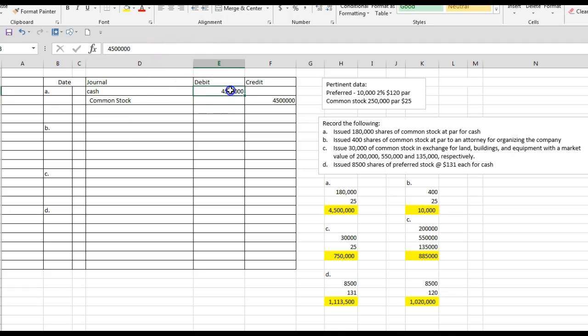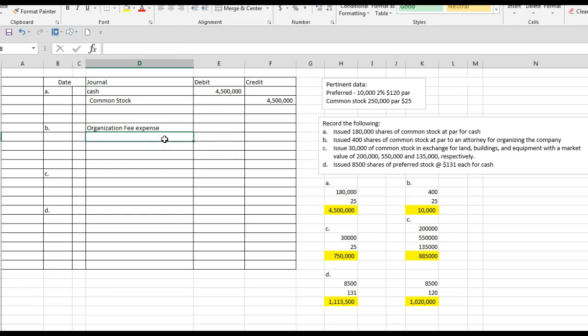You're probably pretty used to that one by now. That's a relatively common transaction we've been doing all week. Second one, we issued 400 shares of common stock to an attorney for organizing the company. Well, instead of cash, we're going to say organization fee expense. Same thing as cash.